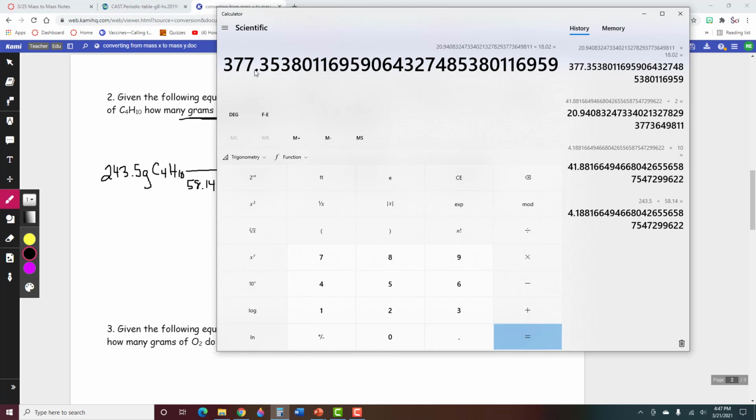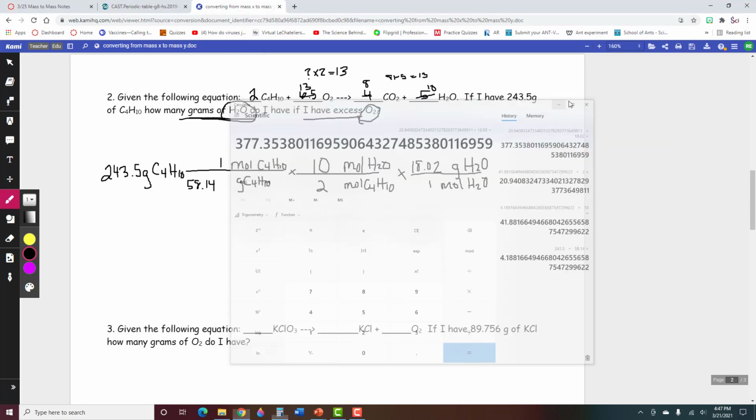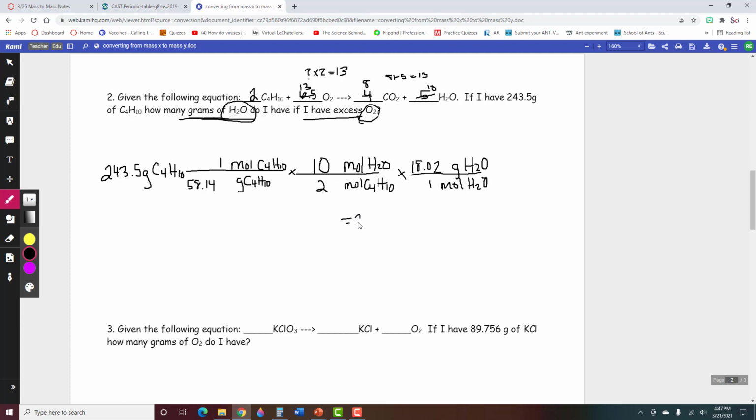Alright, 377.35. So the answer is 377.35. And just round your answers to 2 numbers after the decimal, and then this will be grams of water, because that's what they asked me for.